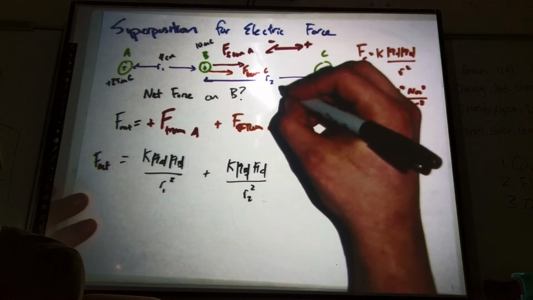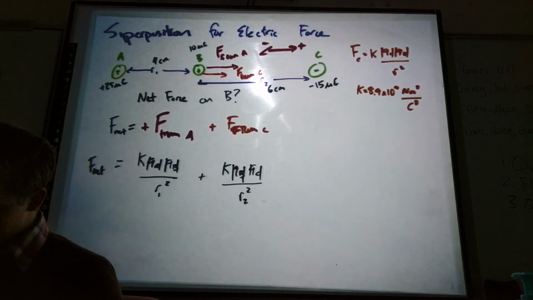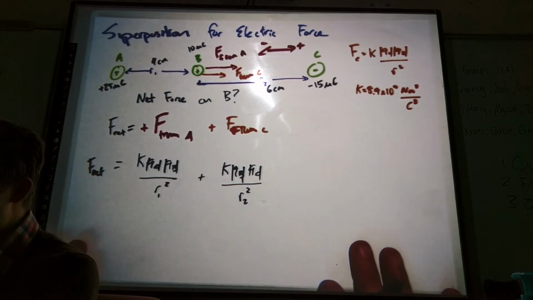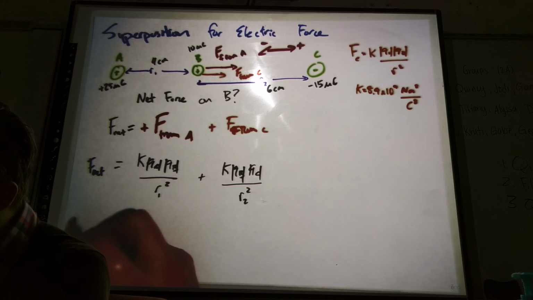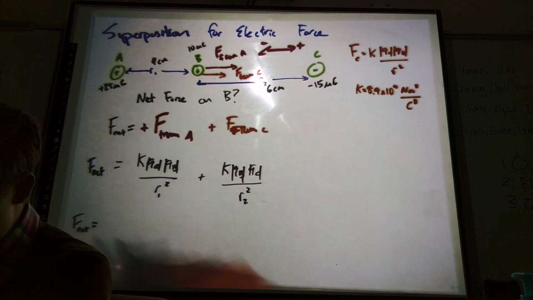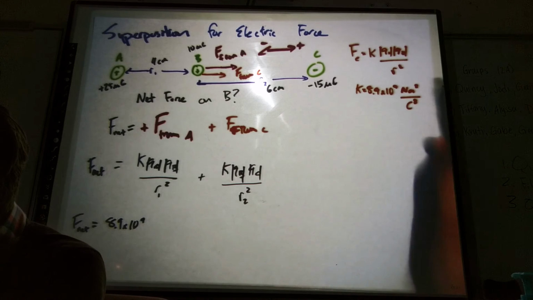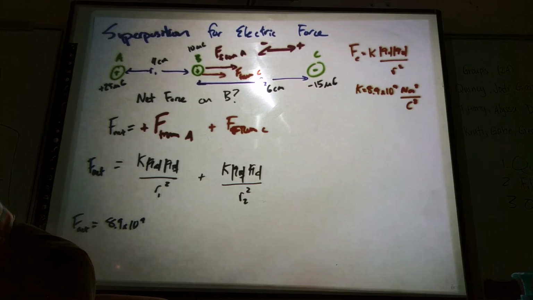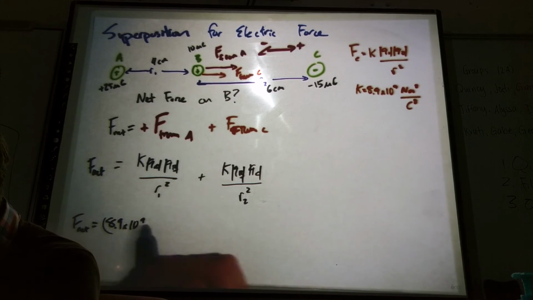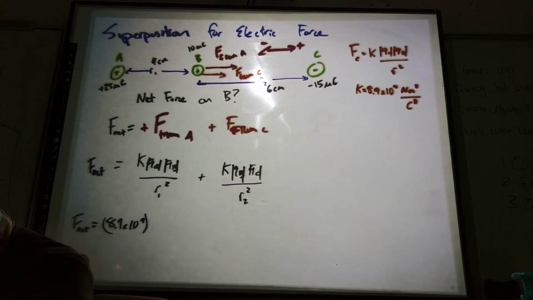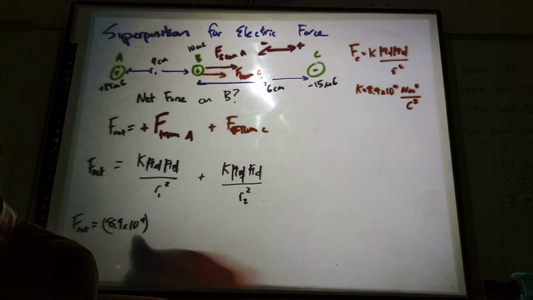And R2, let's say, is 6 centimeters. So plugging all of this in, F net, oh, this is going to be a lot. 8.9 times 10 to the 9th newtons meters squared over coulomb squared. I'm going to just drop the units for now and then add newtons at the very end.